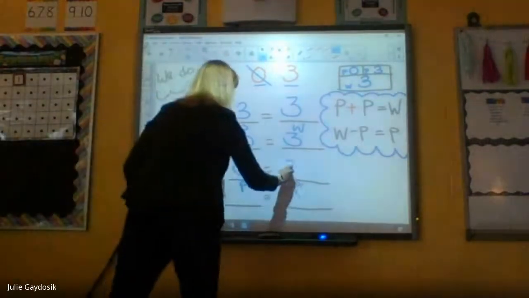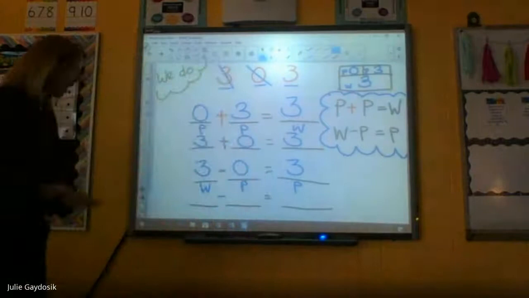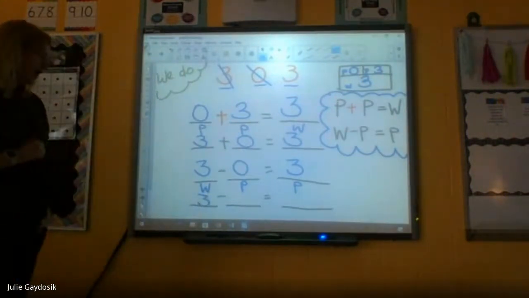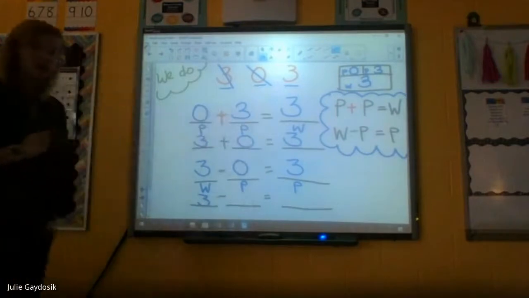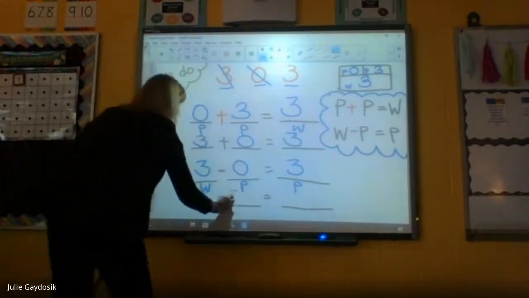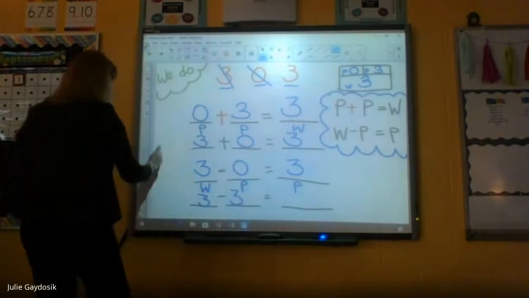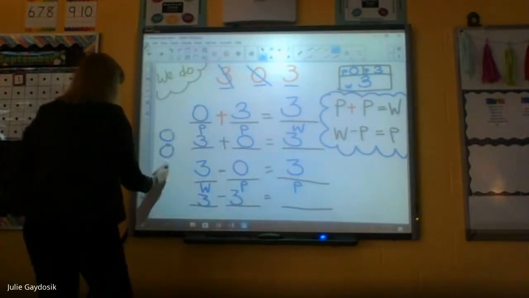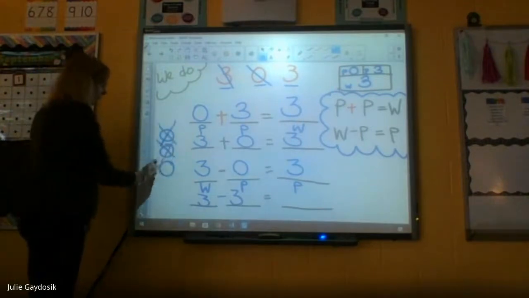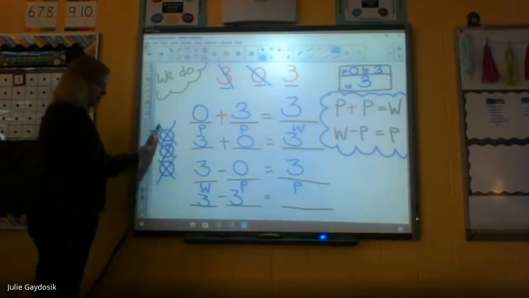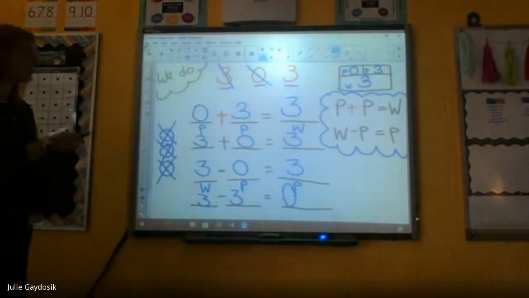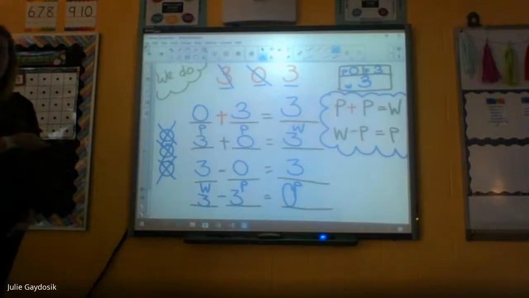That's right. 3. Now, I know my whole goes here. So this is 3 again. Am I going to do 3 minus 0 equals 3? No, I'm going to do my other part, 3 minus 3, right? Because if I have 3 circles and I want to take away 3, right? I'm going to have nothing left. I'm going to have 0 left. Okay, so that's how you solve a fact family with 0 in it.